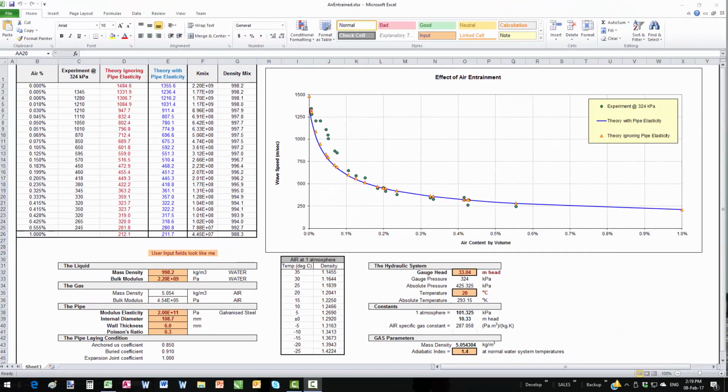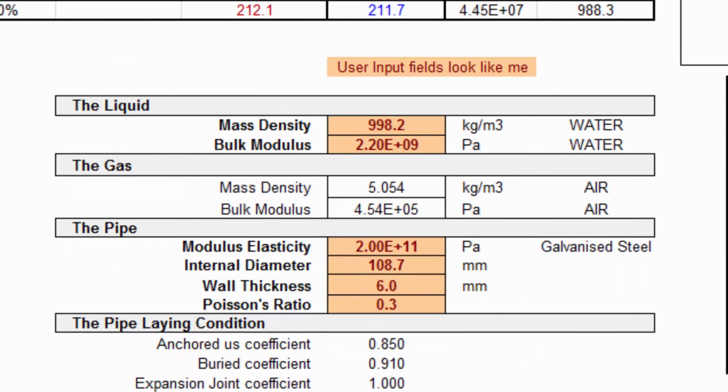Before leaving this spreadsheet, let's develop a feel for how things may change in different pipe systems. Remembering the experiment was done with a nominal 100 mm diameter stiff, galvanized steel pipe operating at 33 meters head. What is the effect of entrained air in a bigger pipe, say 1400 millimeters?